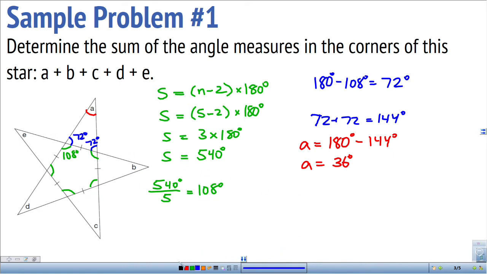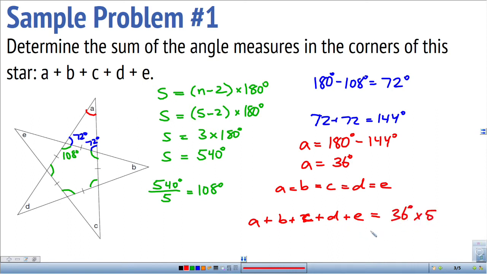So A is equal to B, and that's equal to C, which is also equal to D, which is also equal to E. So all we need to do to find the sum of A plus B plus C plus D plus E is 36 degrees times 5.